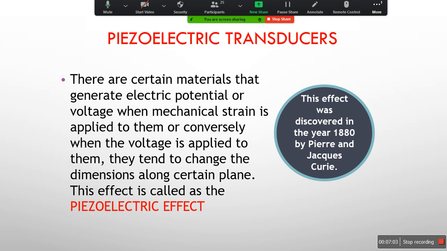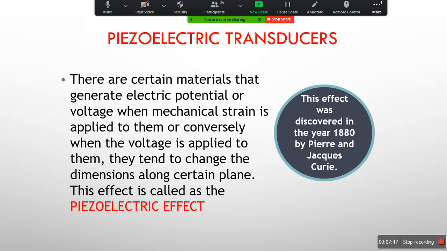So whenever you give mechanical strain by pressing on that particular piezo material, and we will see the different types of piezo materials also, what happens? When continuous pressure is applied on the piezoelectric material, it changes its dimensions along a certain plane. This effect, where it changes its dimensions, is called the piezoelectric effect.